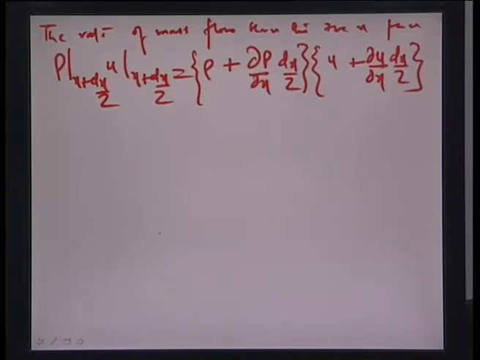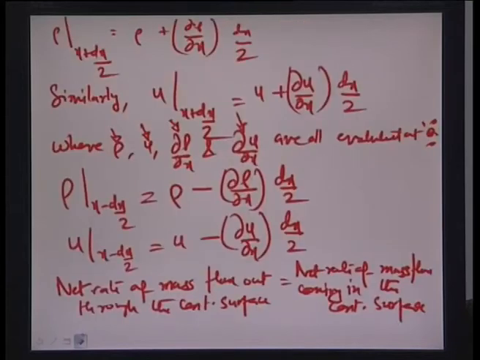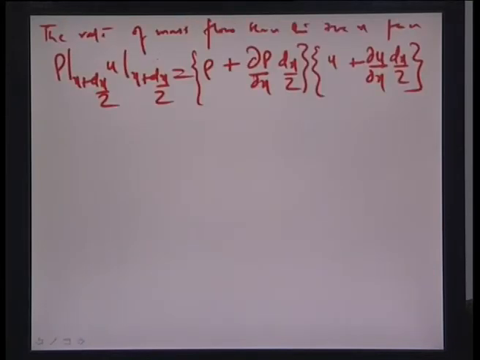Okay. And this, if multiplied by the face, the interfacial area, which in this case, as you see in the case of x, is nothing but dy times dz. Okay. So, this is the area vector of this particular face. So, you multiply this with the area dy dz in order to get the mass flow rate.